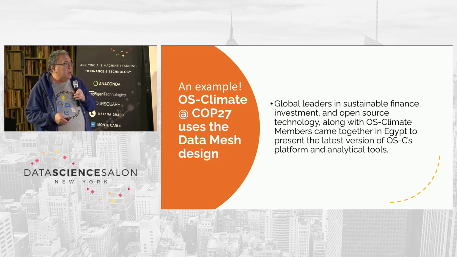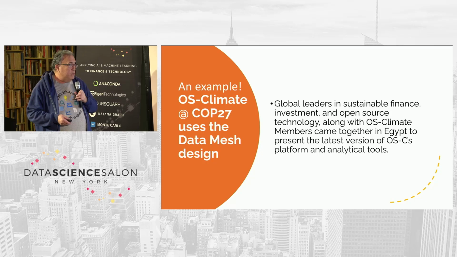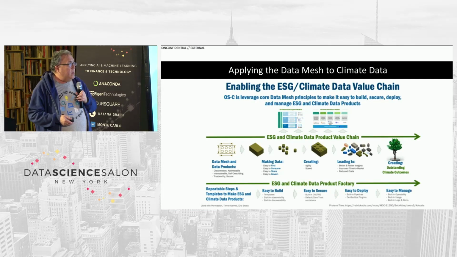Now, this isn't just conceptual. The OSC, which is Open Source Climate, has actually demonstrated a system which uses a data mesh at the COP27 recently in Egypt with climate data. So this stuff is real. And this is from one of their presentation slides.